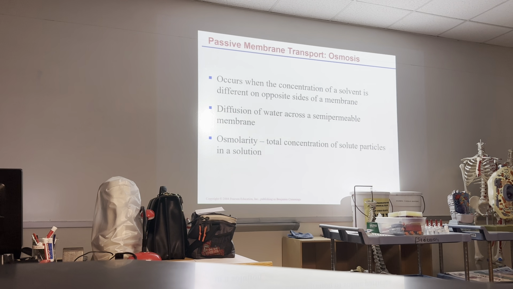So osmosis, what is osmosis? Go ahead and read it for me, Sam. Occurs when the concentration of a solvent is different on opposite sides of the membrane. What does that mean? So there's a barrier and then, what's that? So this is the thing that we did with the blood.